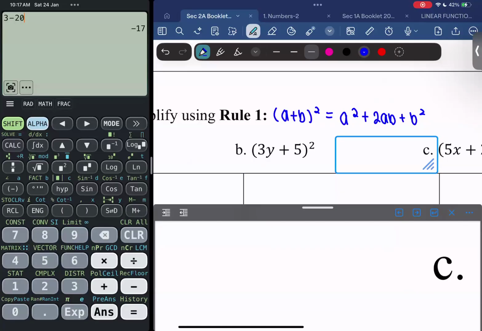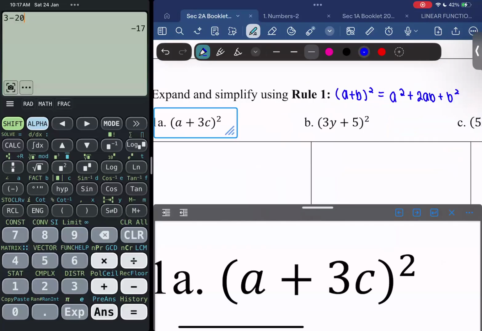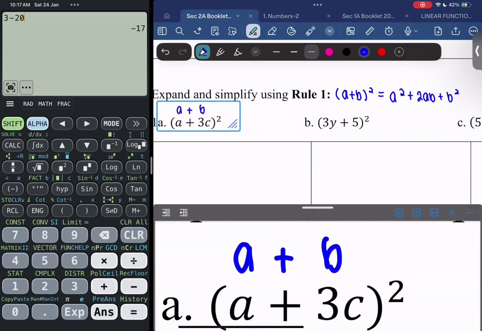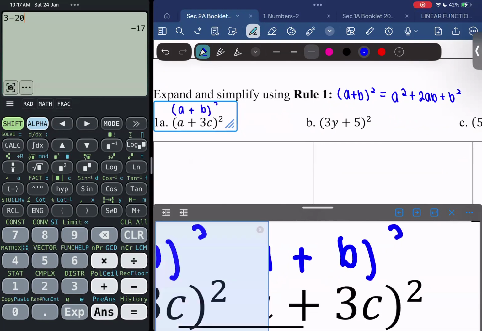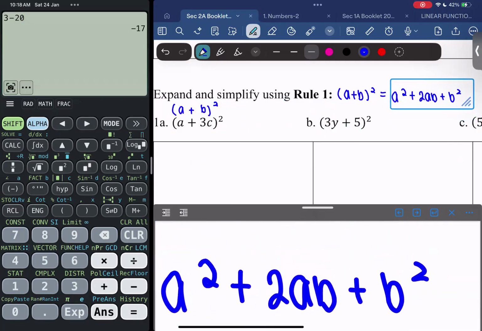Looking at the first question, you can see that it is rule 1, because you can identify A, you can see that there's a plus, and you can identify B. So this is squared. After you identify A and B, we are just going to replace your A and B over here.